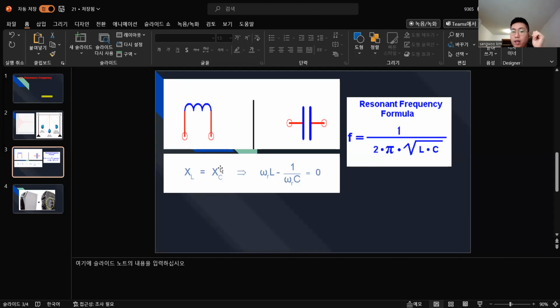As I said, the inductor starts from 0 ohms, it's copper, and C is an insulator or dielectric that starts from infinite ohms, but at some point they become the same. They have some specific frequency, the resonance frequency.